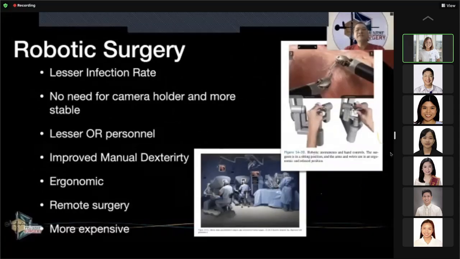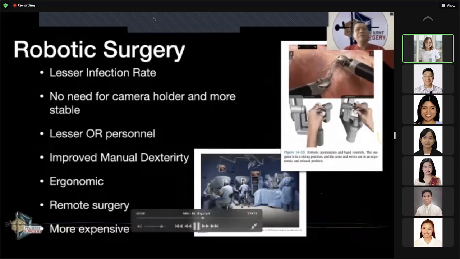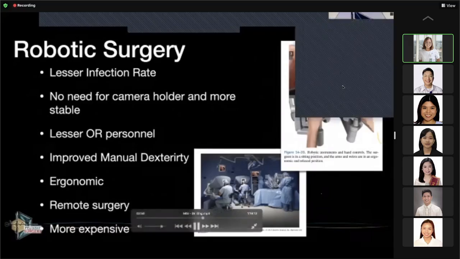Robotic surgery is another approach in doing laparoscopic surgery. So the advantage of robotic surgery over a traditional laparoscopy is the improved manual dexterity and the ergonomics.